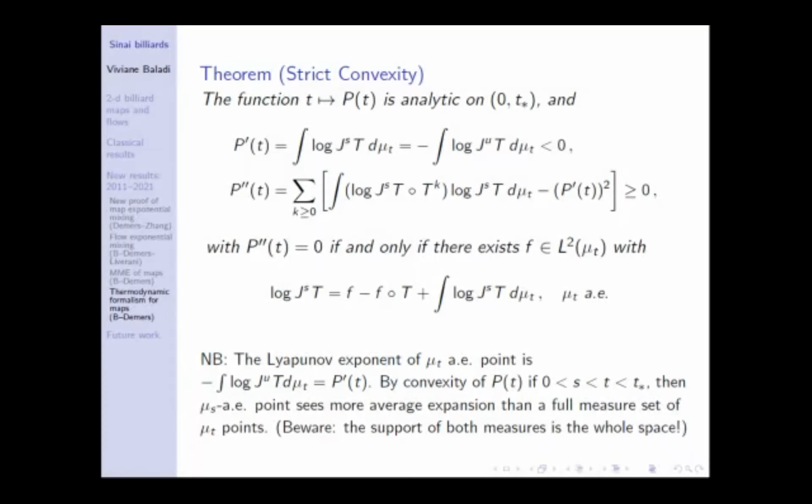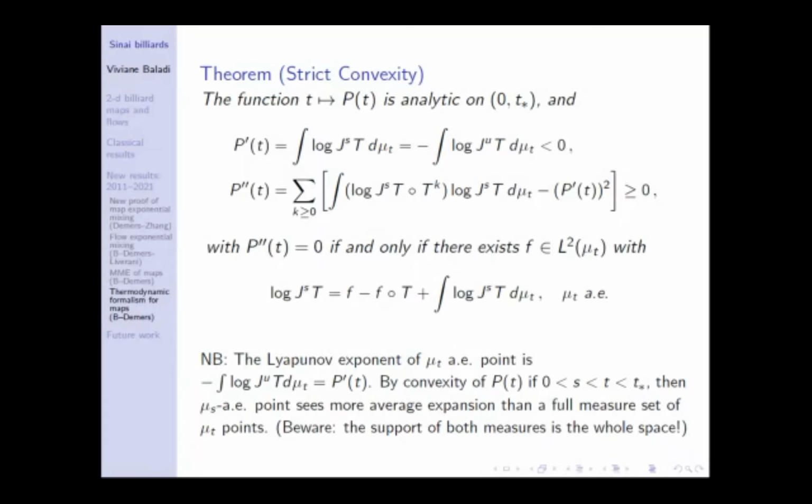Because of this theorem, we know that if you take the measure mu t, you fix parameter t, then the second line of this theorem tells us that the Lyapunov exponent of mu t almost every point is equal to this average of the unstable Jacobian.